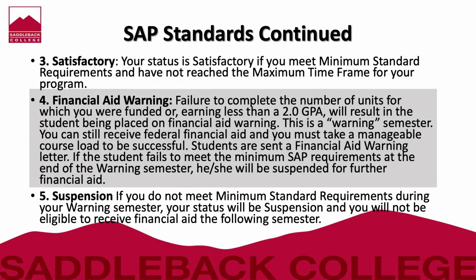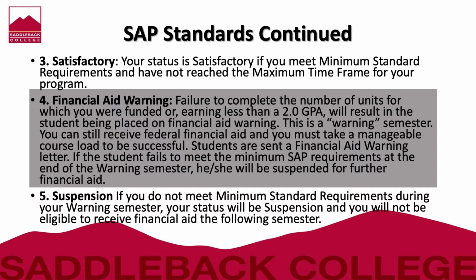Failure to meet SAP standards for the first time will result in the student being placed on financial aid warning. In the warning semester, you can still receive federal financial aid, and you must take a manageable course load to be successful. If the student fails to meet the minimum SAP requirements at the end of the warning semester, they will be suspended for further financial aid.